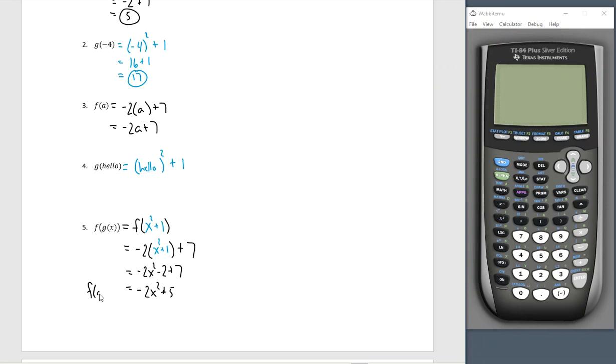Notice we're not looking for what x is equal to. We're just looking for a new function. F composed with g of x, or f evaluated at g of x, is an entirely new function on its own. We're not looking to find a specific x. We're just writing a new function.